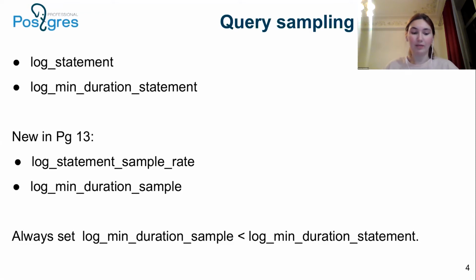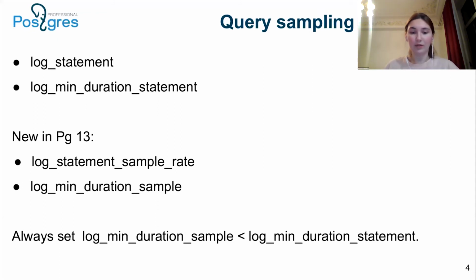log_statement_sample_rate controls the sample rate, which means the share of queries that you want to see logged. And log_min_duration_sample defines the minimum required duration of such statements. Only statements with a duration that exceeds log_min_duration_sample are considered for sampling, so it means that you need to set both of those parameters for sampling to work.